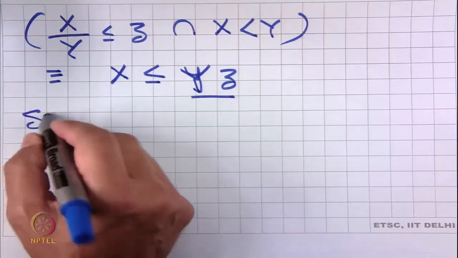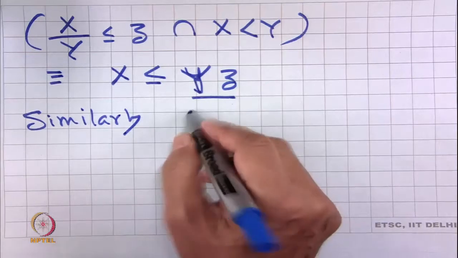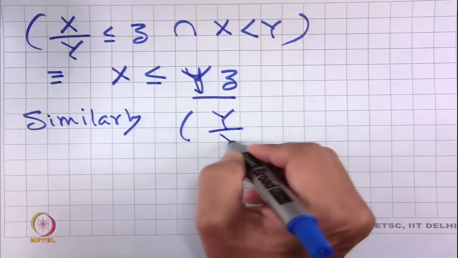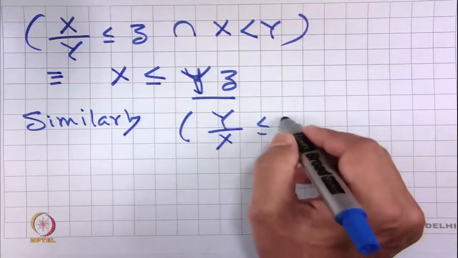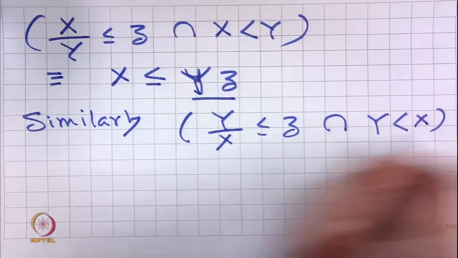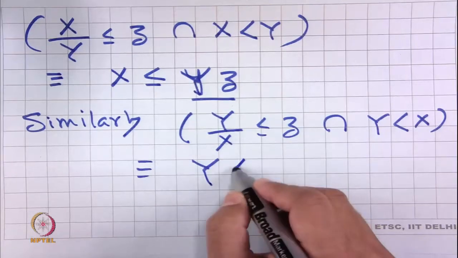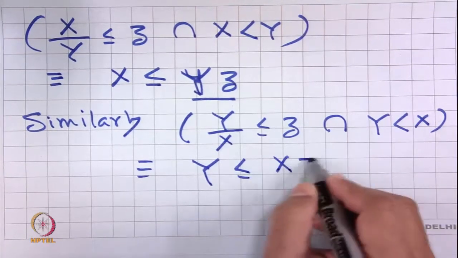Similarly, the event y by x less than or equal to z and y less than x is equivalent to y less than or equal to x z.